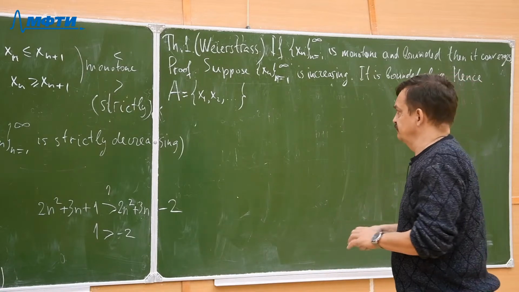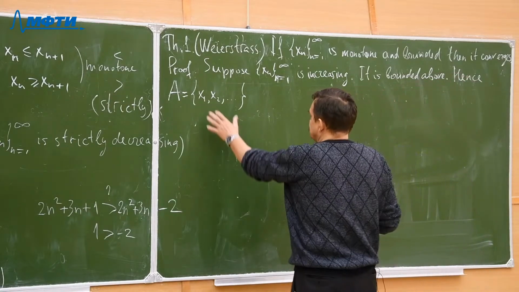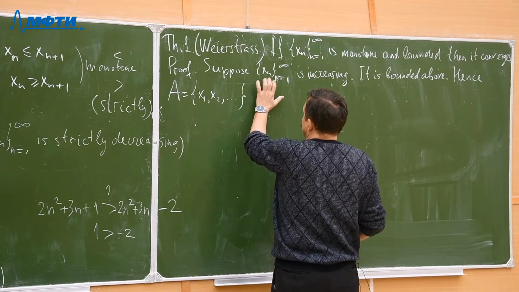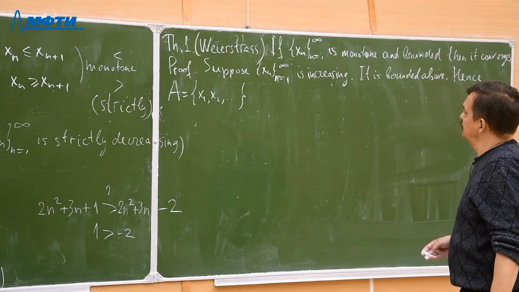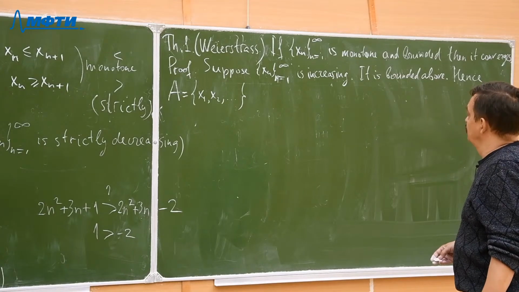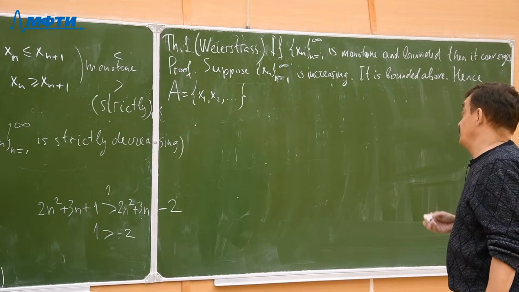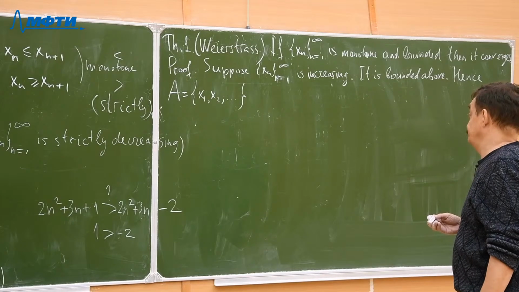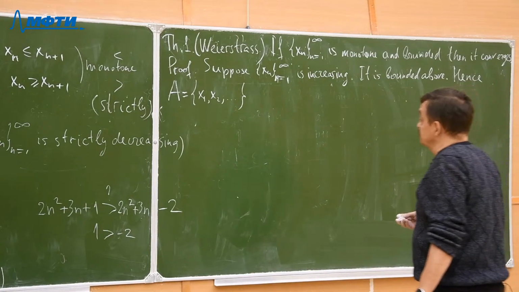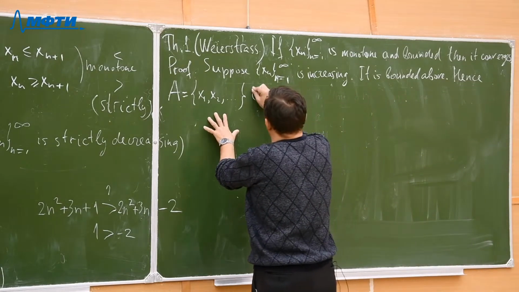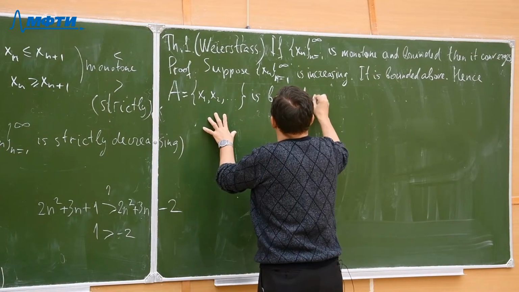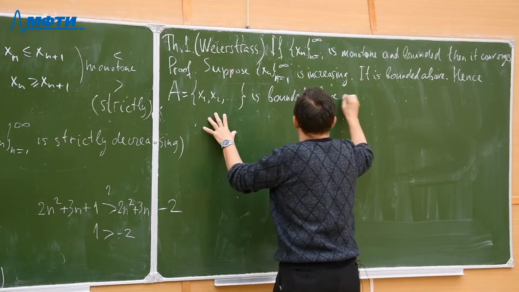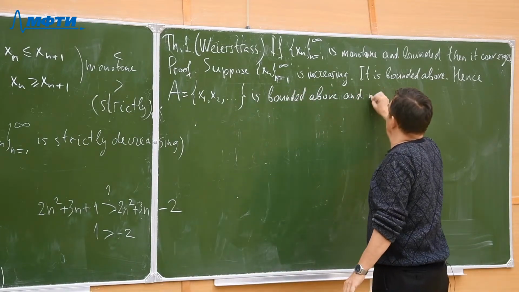These are just real numbers which are among the members of our sequence. So this set is bounded above, and non-empty.